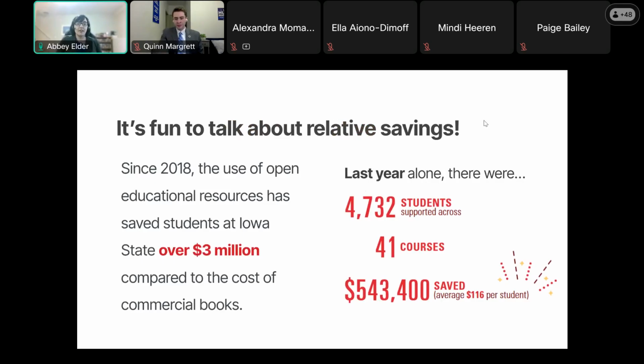And last year, over $500,000 were saved for only 4,700 students, thanks to the use of these materials. So this is a big impact for a small number of courses that are actually doing it, in contrast with more courses doing things with a little bit of impact. But relative savings, talking about those big numbers, is only really exciting when you're talking at the administrative level. For you guys, next slide.